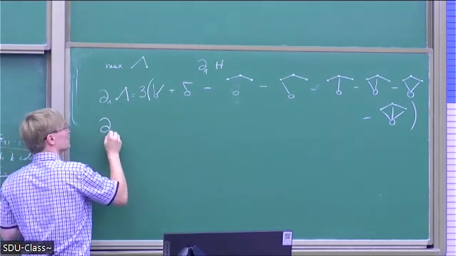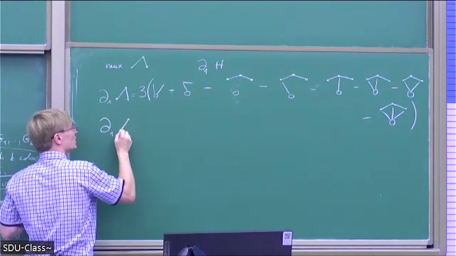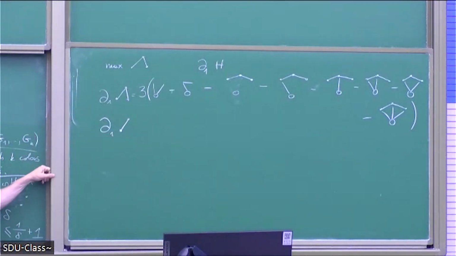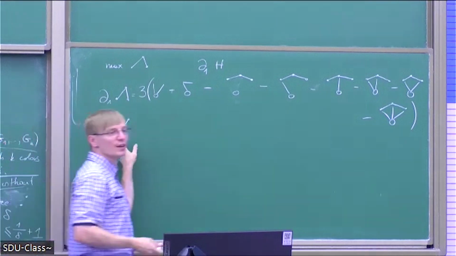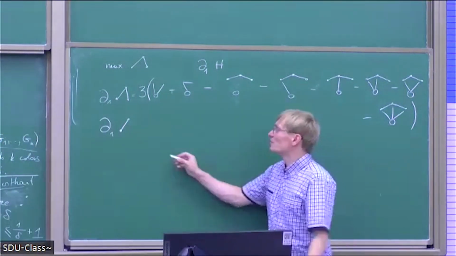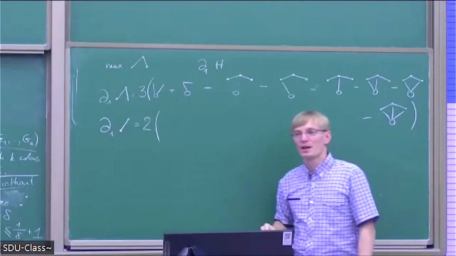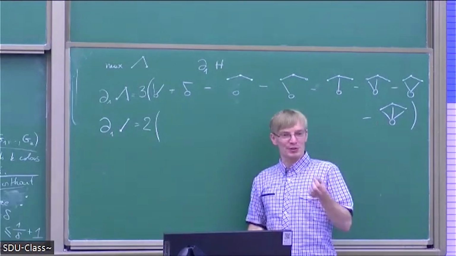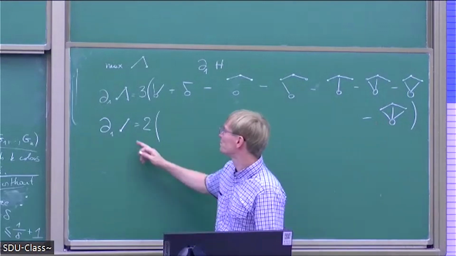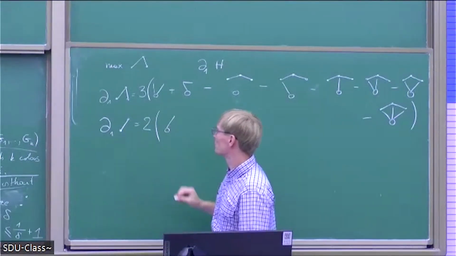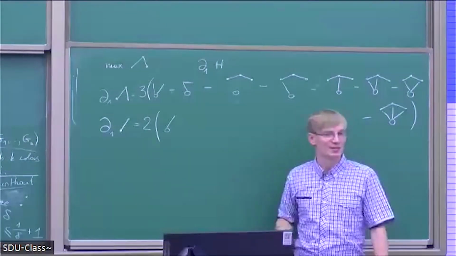Okay, let me do a different example. I want to find the contribution of edges. So now it's two vertices, and I look at how a particular vertex is contributing. It's contributing by this number of edges.